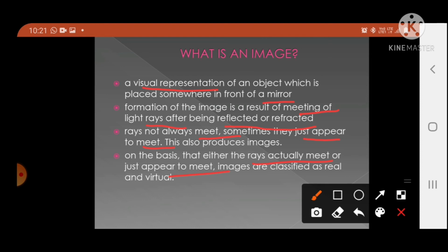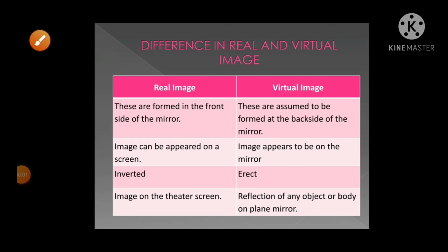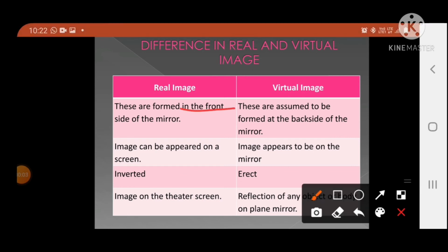So let's find the difference between these two. Real images are formed in front of the mirror, while virtual images are assumed to be formed at the back of the mirror. Real images can appear on a screen, remember this, but virtual images cannot. Real images are inverted, meaning upside down, while virtual images are erect.